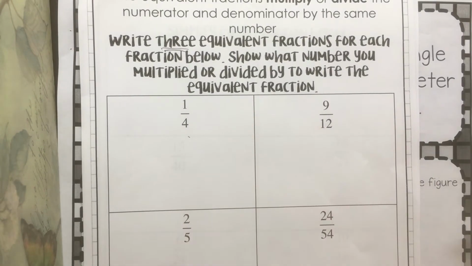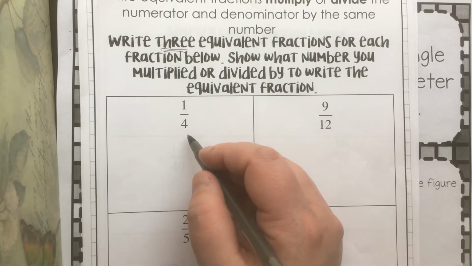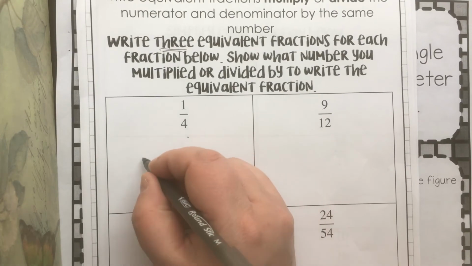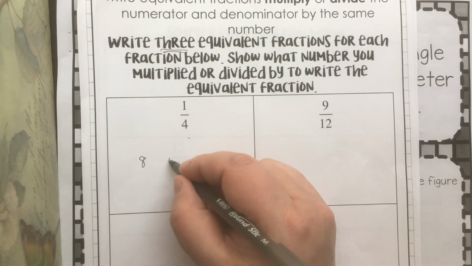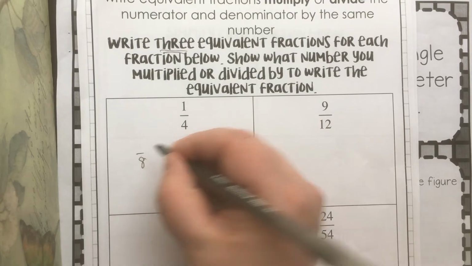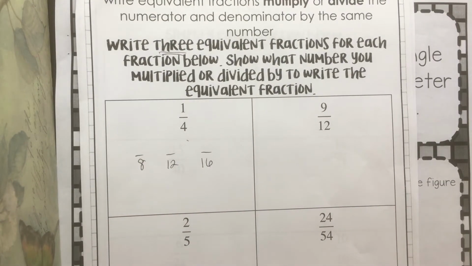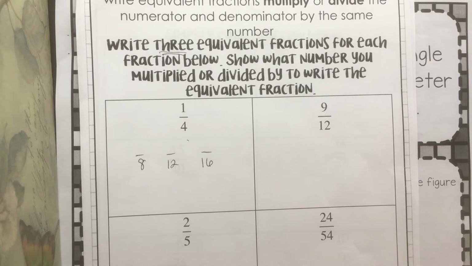So we're going to create the fraction 1/4, but with different denominators. So I'm thinking of multiples of 4. I know that 8 is a multiple of 4, I know that 12 is a multiple of 4, and I know that 16 is a multiple of 4. All right, so I'm gonna create 3 fractions. How many 8s is the same as 1/4?